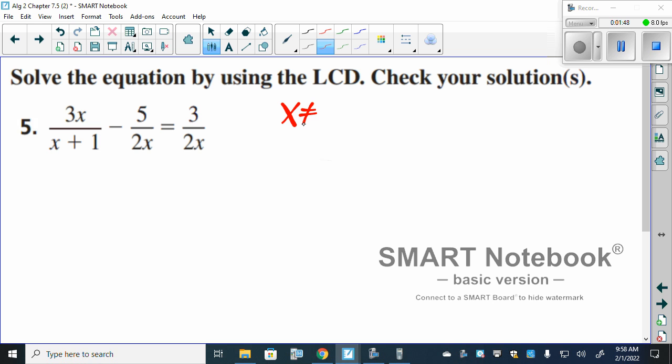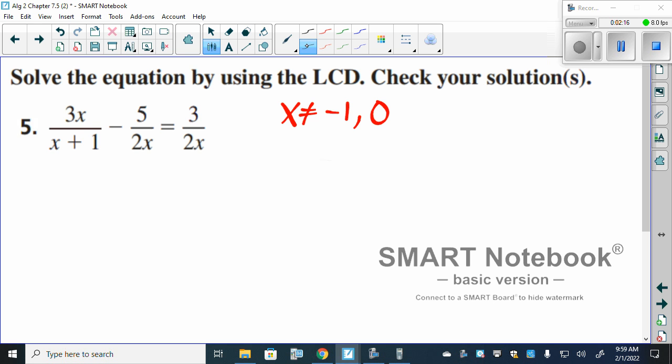So for x plus 1, what value of x would make x plus 1 0? Negative 1. So we know x cannot be negative 1. Now we do have 2x twice, so what would make it 0 would be the same for both of those, which would be 0.